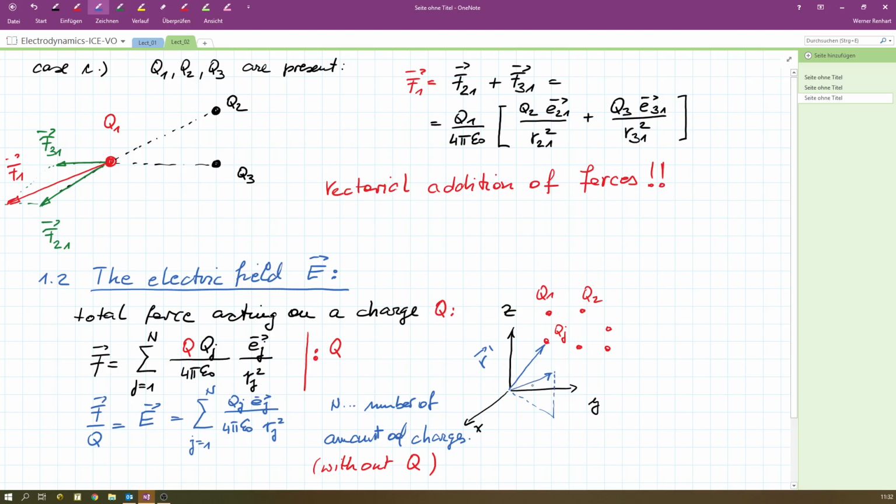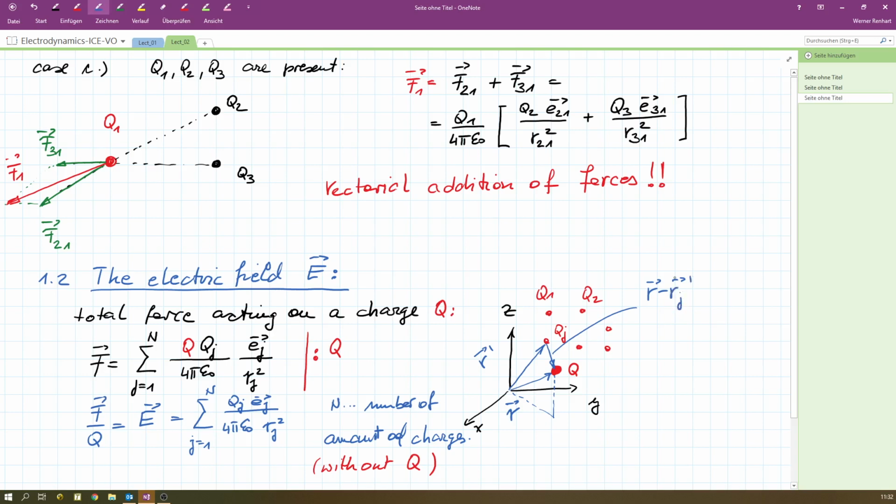This may be the field point vector r, and the charge q is situated there. And we have for all j running from 1 to N established this separation vector r minus rj prime.